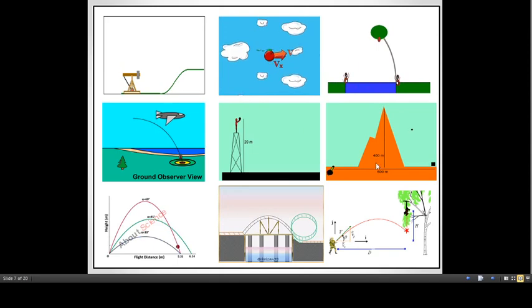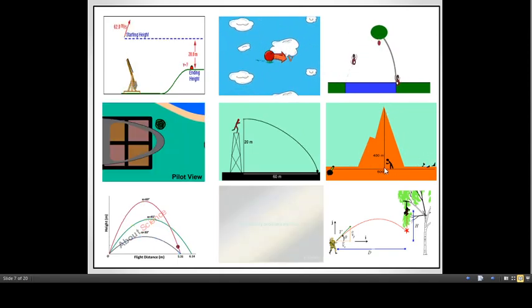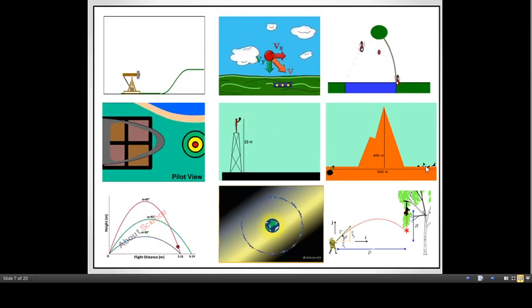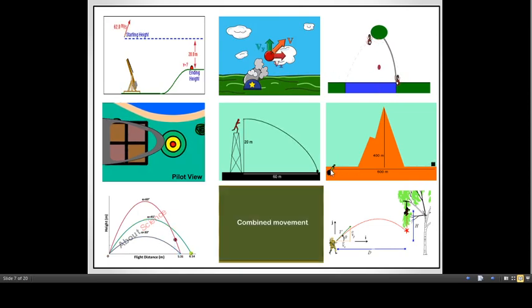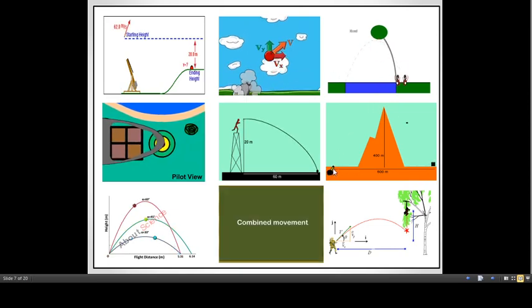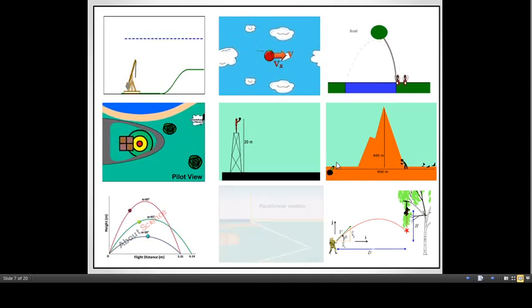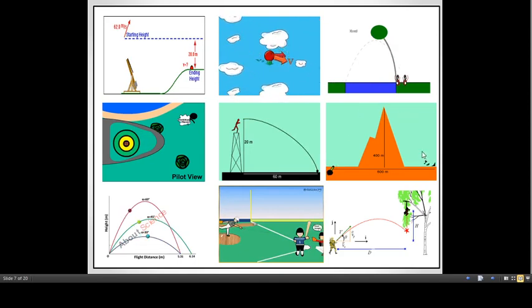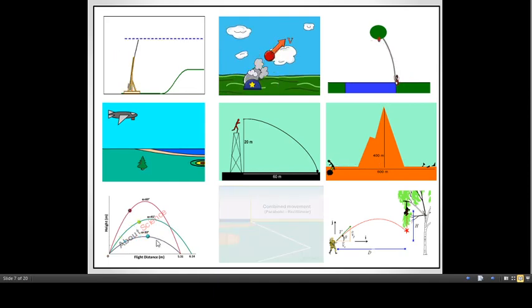Interesting one here, some obstacle is given, the dimensions of the obstacle, vertical distance, horizontal distance, and somewhere the target point. At which velocity can we throw that object from this spot so that it hits the target? Such types of problems are included.